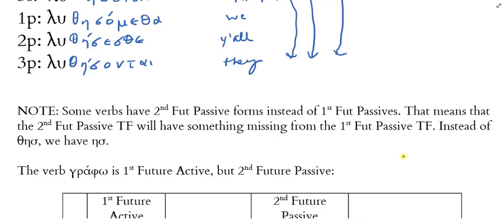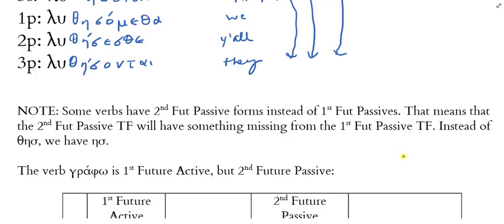But we didn't have differences in terms of our futures. This means that when we have a second future, we shouldn't even be thinking about whether there was a second future active. The issue is, did it have a second aorist passive? If a verb has a second aorist passive instead of a first aorist passive, then that aorist passive stem will have a second future passive when it's used for the future passive.